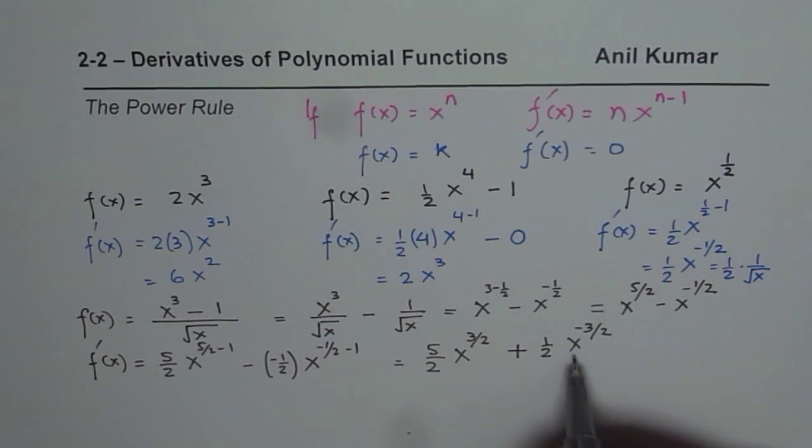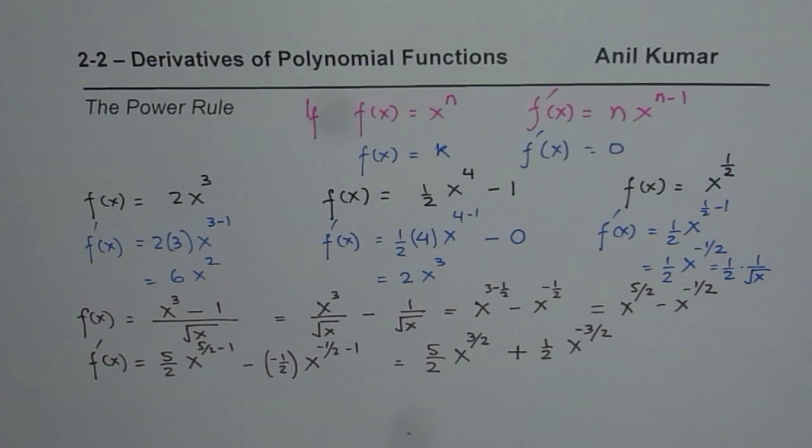At times you could factor out this term and then simplify it further also. I'll leave that part to you. So that is how you should be using the power rule combined with what you have learned as the addition and subtraction rule and multiplication by a constant. I hope this helps you to solve some questions.